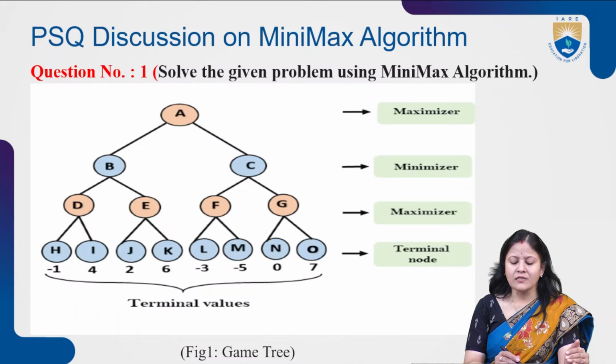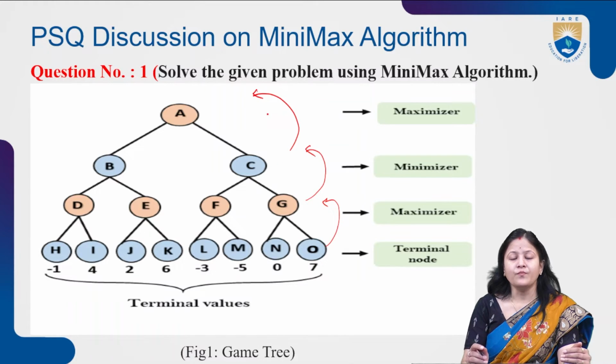As the terminal node values are given, those utility values will be propagated to the next level. Once we find the utility values of D, E, F, G, they will be propagated to the next higher level. Once we find the utility values of B and C, they will be propagated to the top. This is the way we can find the utility values for all the nodes if the utility values of all the terminal nodes are given.